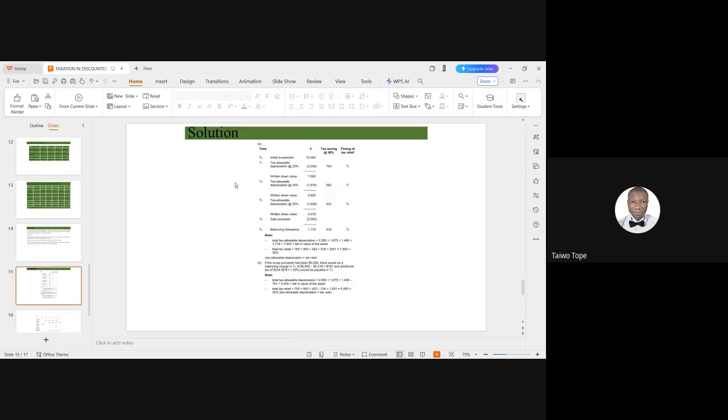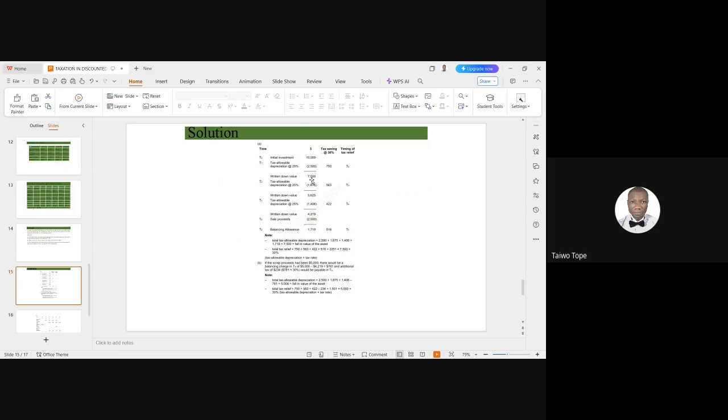For us to determine our tax allowable depreciation, our capital allowance, we have it on a reducing balance basis at 25% based on the initial investment of 10,000. 25% of 10,000 is 2,500. On a reducing balance basis, 10,000 less 2,500, you have 7,500.